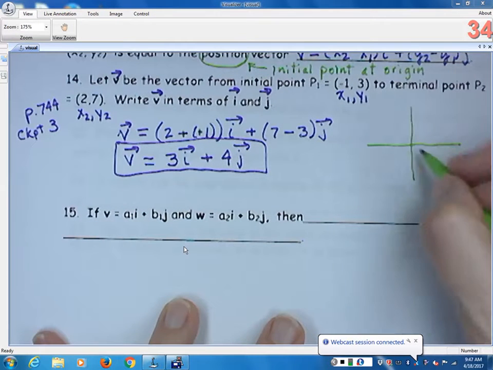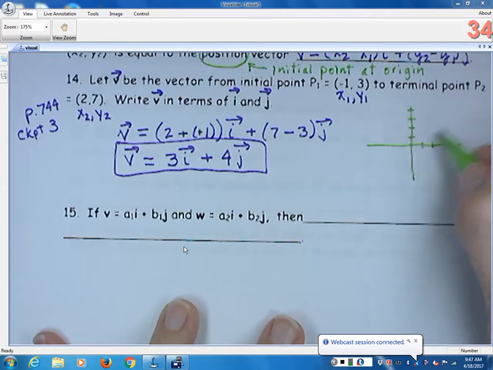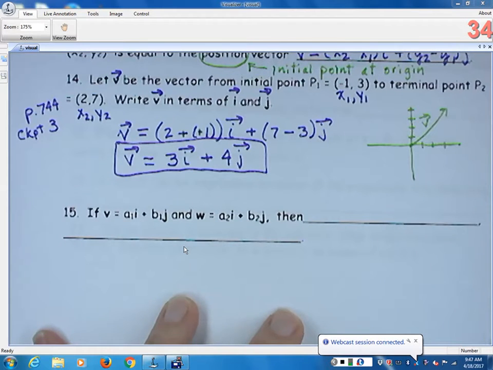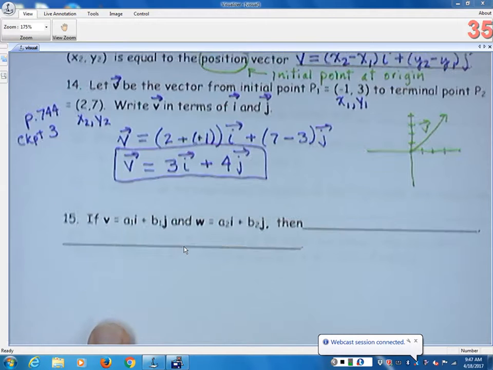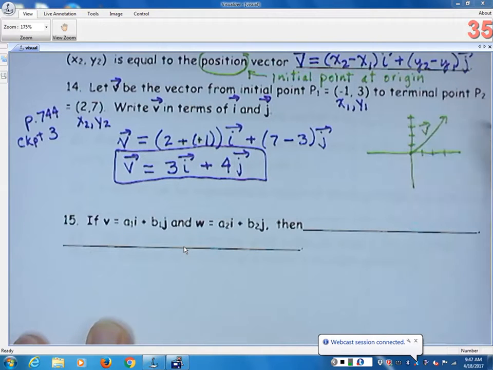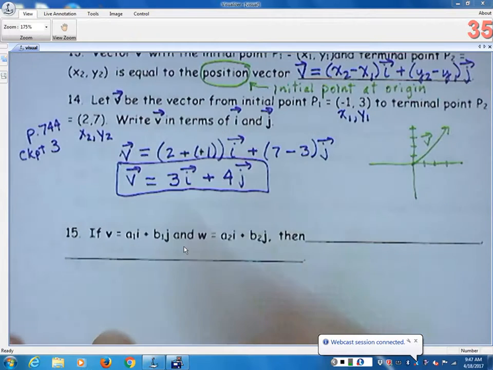So we got 1, 2, 3, 1, 2, 3, 4. So this is B. We probably should have called this another letter, but okay.